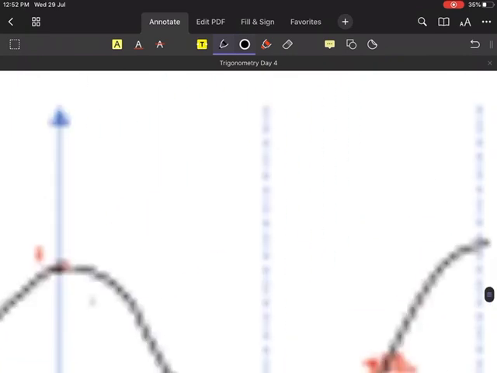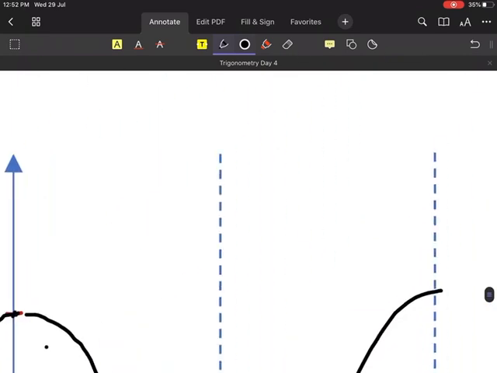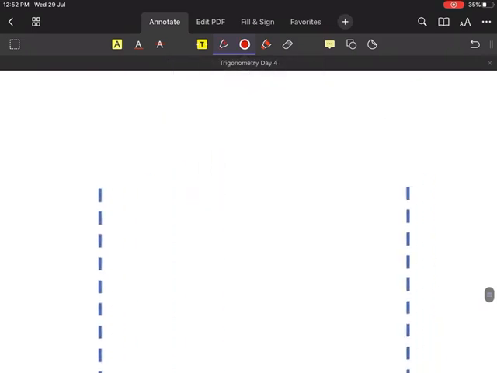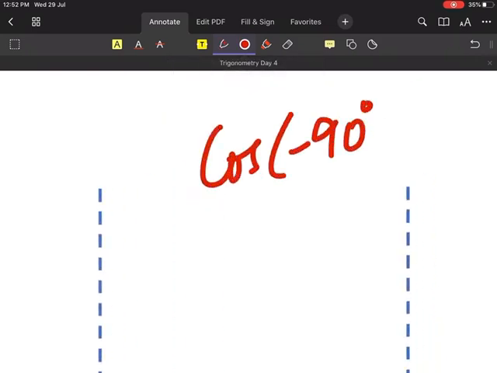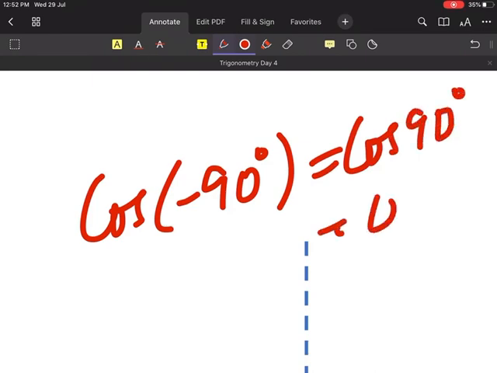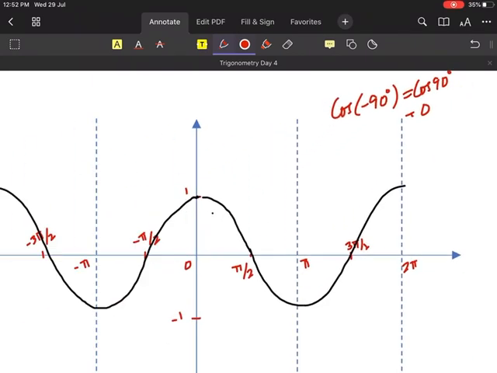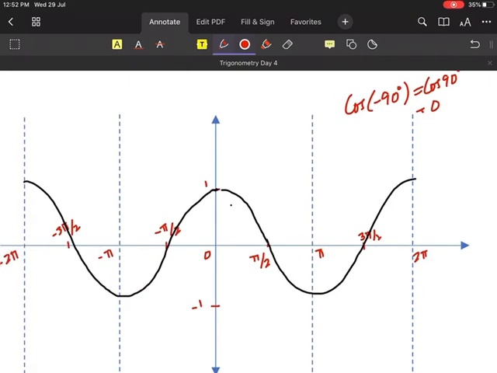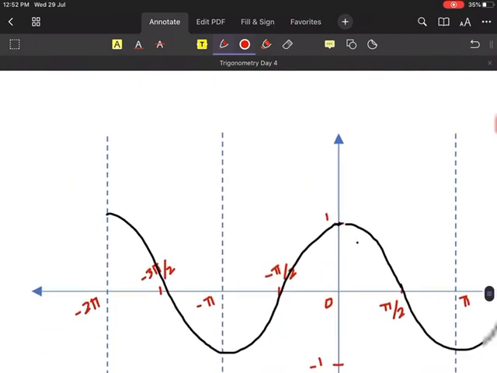Yes or no? Now you see here cos minus 90. So cos of minus 90 will be what? We learned a formula. Cos of minus x is what? Cos of minus x is cos x. So it is just cos 90. And that is equal to how much? 0. Am I clear? And you see cos minus 90 is 0.